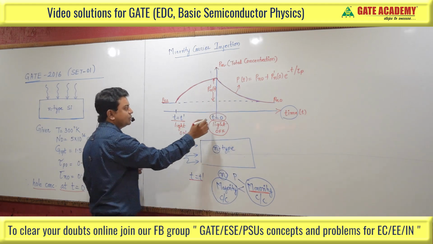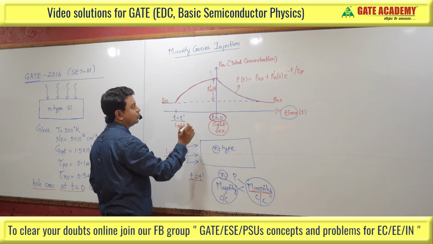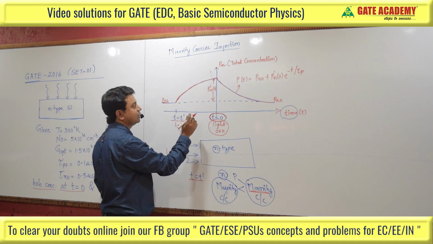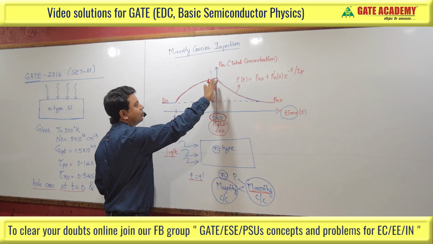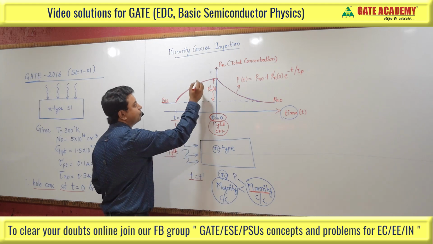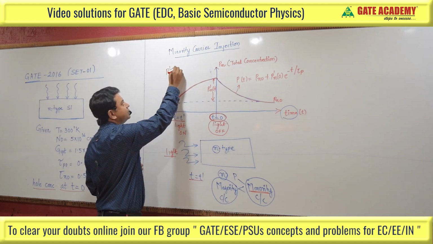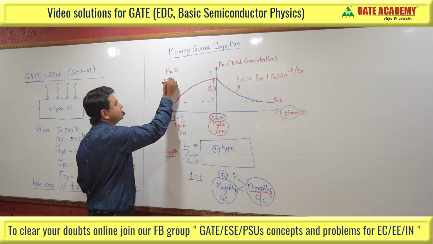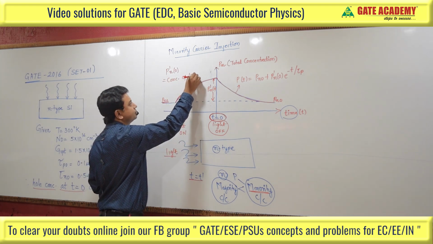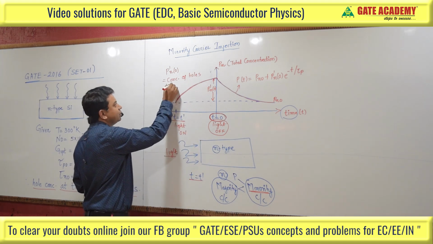So if you consider time t = 0, the total concentration of the holes in an n-type semiconductor is the summation of this quantity and this quantity, where p'n(0) is nothing but the concentration of holes at time t = 0.